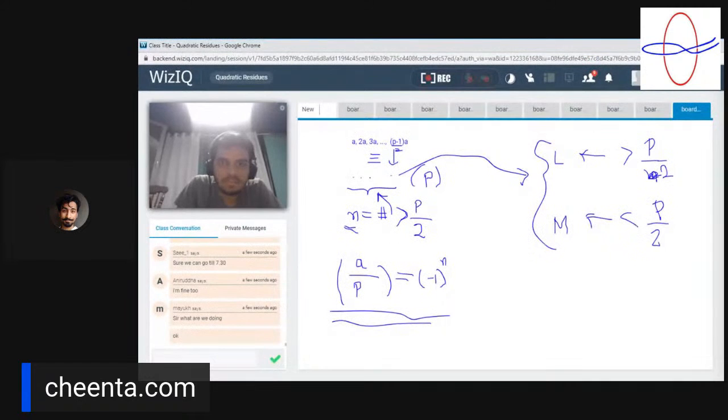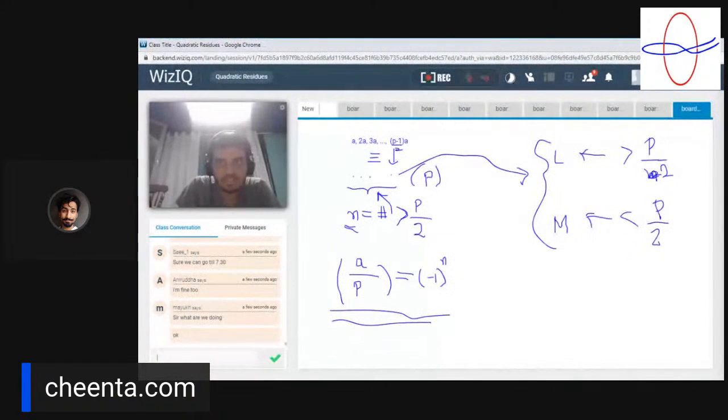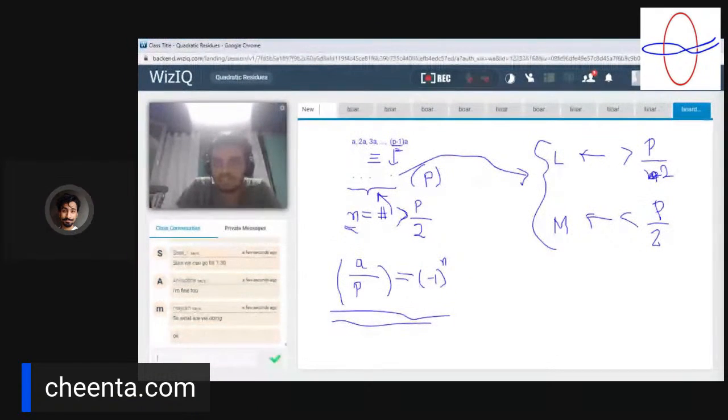Right. So the way we are approaching this is we'll first divide all of these residues into two classes, L and M, where L is the set of all residues greater than p by 2, and M is the set of all residues less than p by 2. It can never be equal to p by 2 because p is an odd prime.